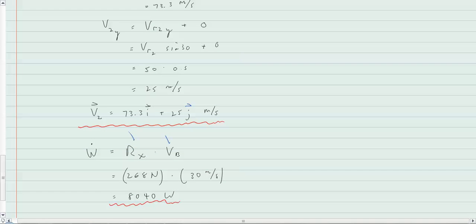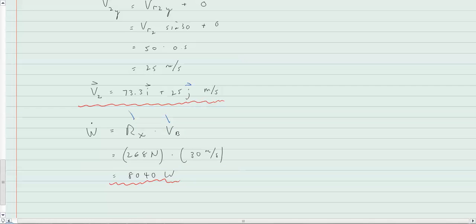So that's 268 newtons times 30 meters per second. Since the blade does not move in the y direction, we don't have a VBY component. That results in a final power calculation of over 8,000 watts.